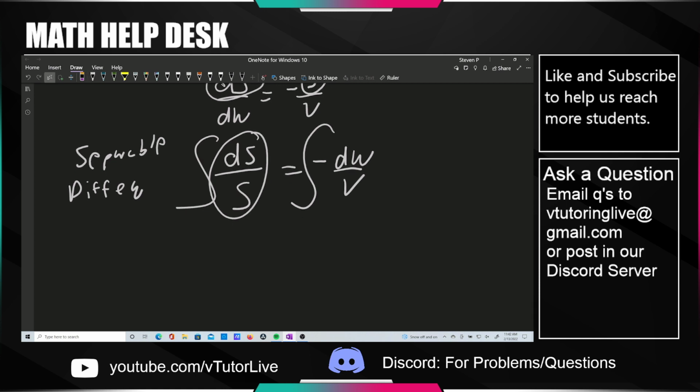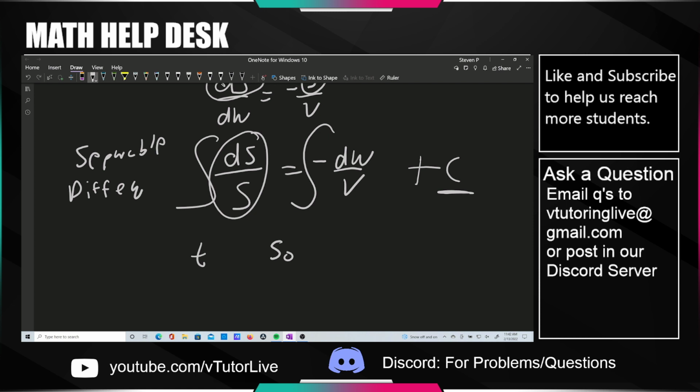But this should give you some sort of function in terms of S. You can isolate S, and don't forget your constant of integration as well, right? But you're going to have to plug in initial conditions to find the constant of integration. I think the initial condition they gave you was S naught.